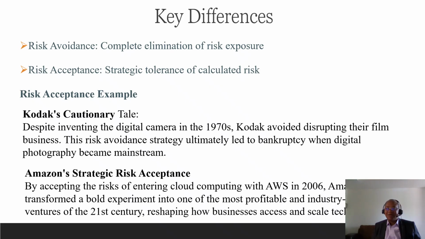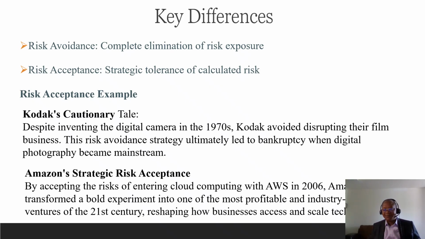This risk avoidance strategy ultimately led to bankruptcy when digital photography became mainstream. You and I are aware of the transformation in the photography business. So Kodak was wiped off the face of the earth because they avoided taking a strategic risk.